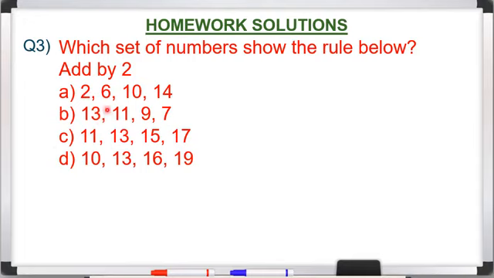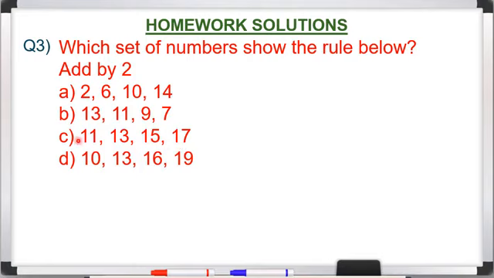Okay, what does it mean beta here? You have to tell which set of numbers. Here sets of numbers are given in four options. You have to tell which set of numbers shows the rule of adding by 2. Okay, so that set is option C 11, 13, 15, 17.